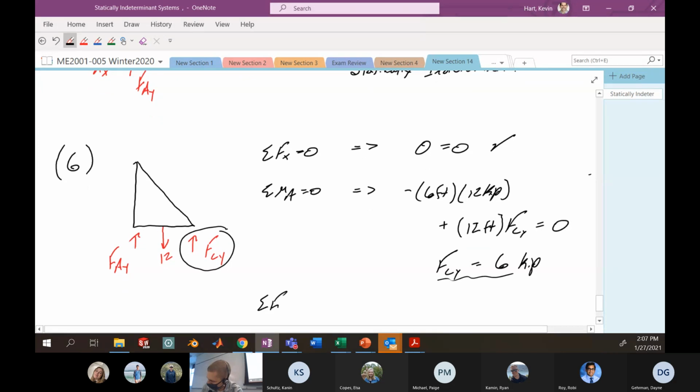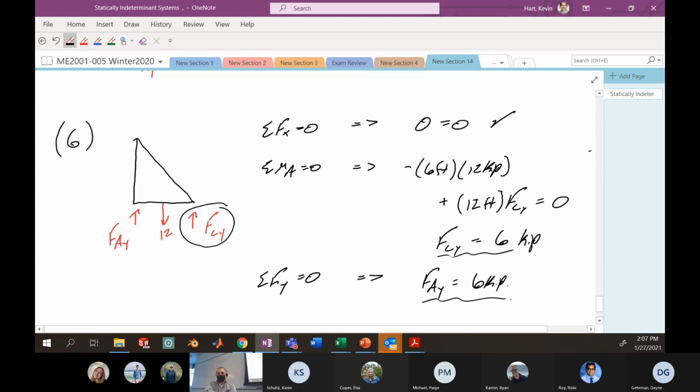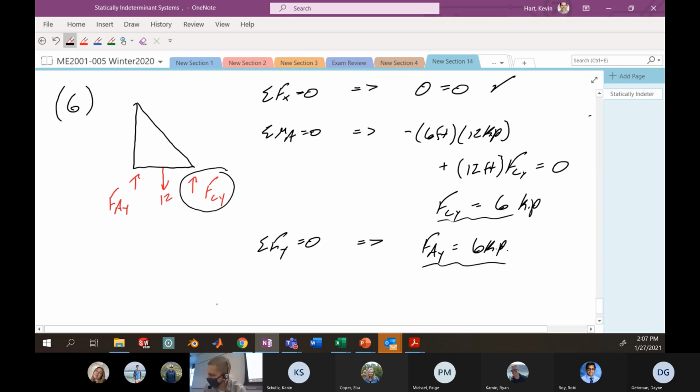And now with our sum of the forces in the Y direction, you could get that FAY is fully known, and this would also be 6 kip. Okay. So this particular situation, we would be fully determinate. So this guy here is statically determinate.